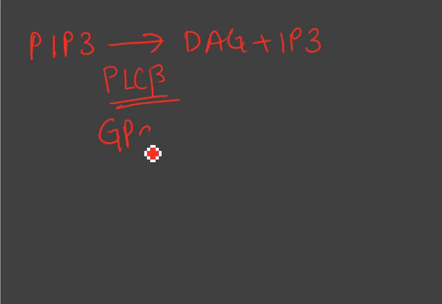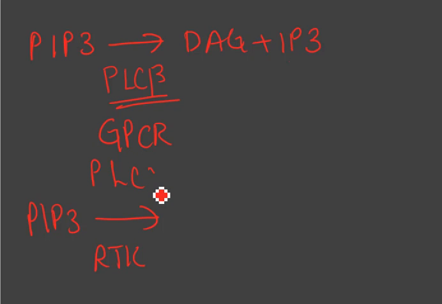You can have the same reaction going on through the RTKs, but they will use PLC gamma, and let me just quickly confirm that. I'm just trying to draw links here. Yes, it is. Yay! So PLC gamma. So it does the exact same reaction, but it produces these things here.